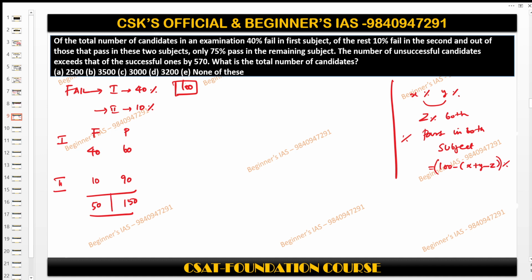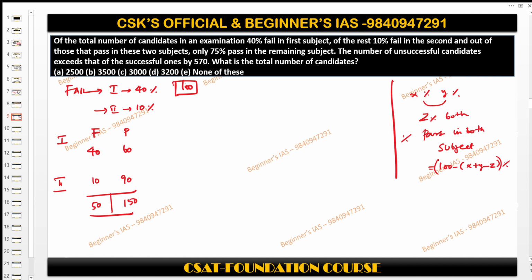So now read the question. 75% pass in the remaining subject. Now could you calculate that remaining? Somebody answered 54. Who answered 54? Rahul, sir. Fine.